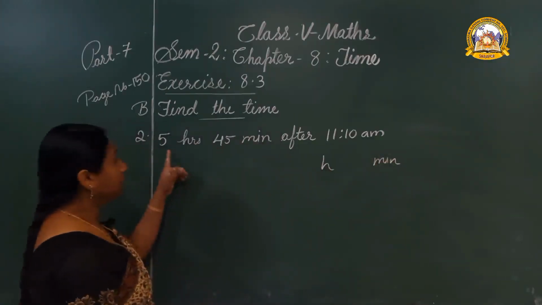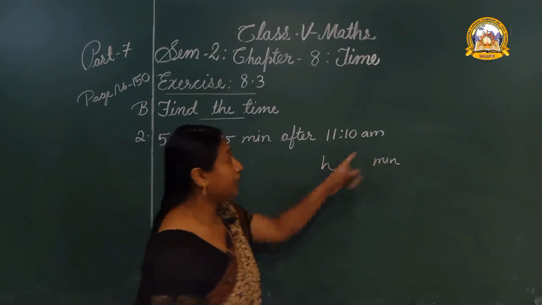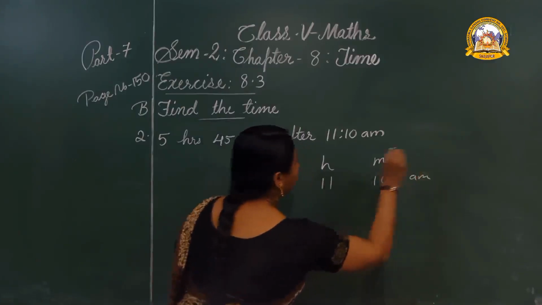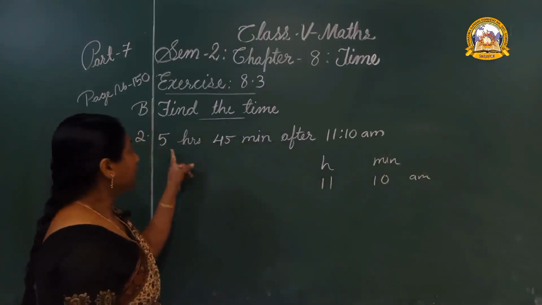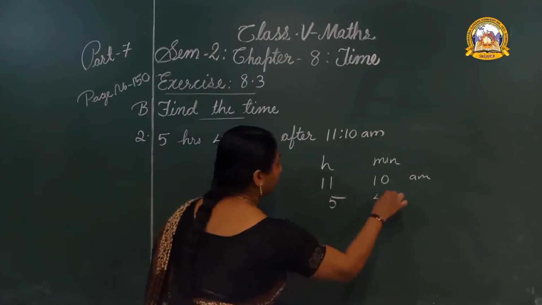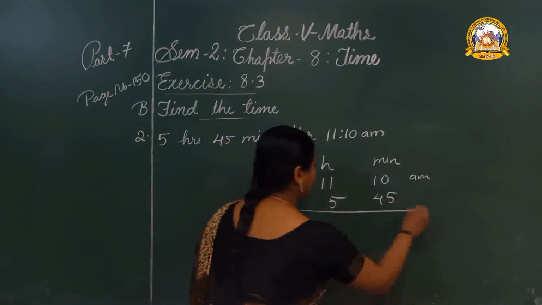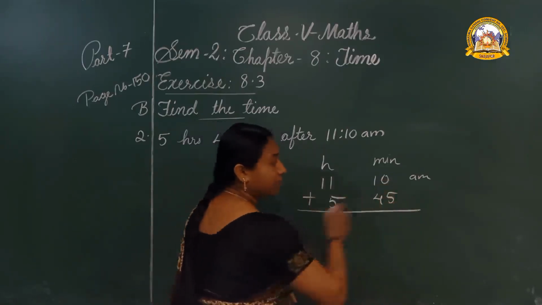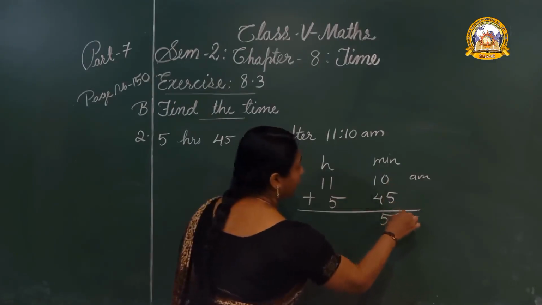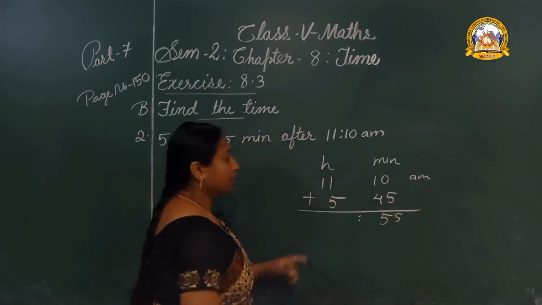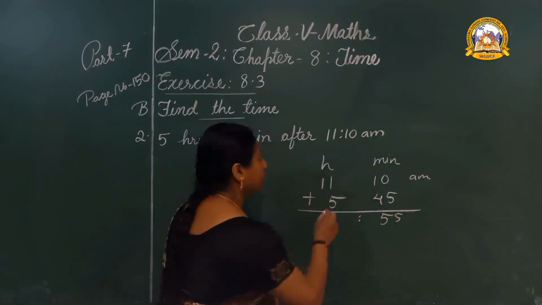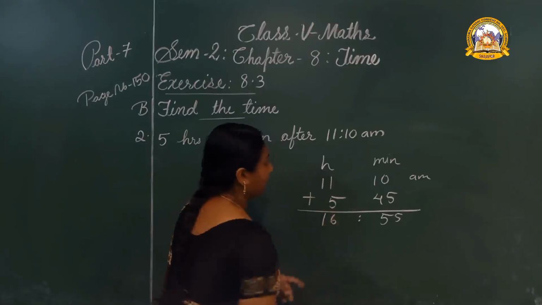First starting time 11:10 a.m. and duration 5 hours 45 minutes. Okay, let us add 10 plus 45, 55. Okay, 5 plus 0, 5, 4 plus 1, 5. Then next 11 plus 5, 16.